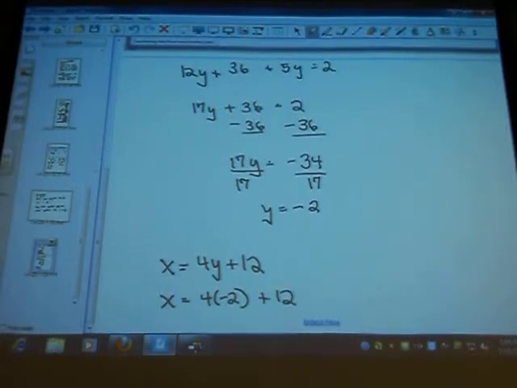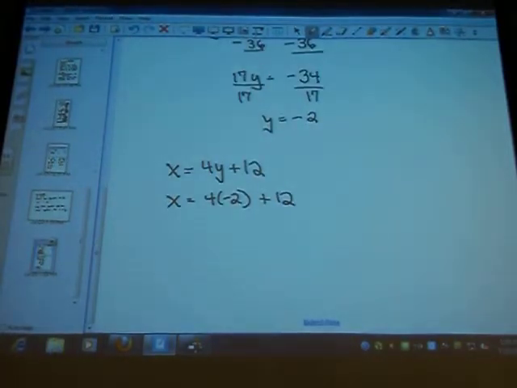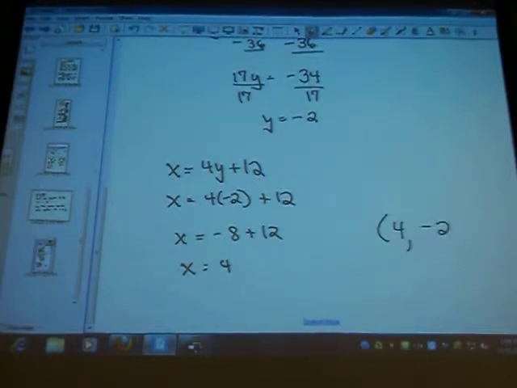So my y is negative 2. So x would be 4 times negative 2 plus 12, which is 4. I have to write my answers as an ordered pair. My x is 4, my y is negative 2.